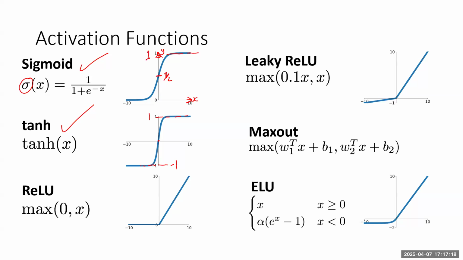Those two functions, as I was saying, used to be the two most famous activation functions until 2010 or 12 to be more accurate. They found this one, the ReLU. The ReLU, if you look, is similar to the sigmoid. If the input is negative, the output is always 0.